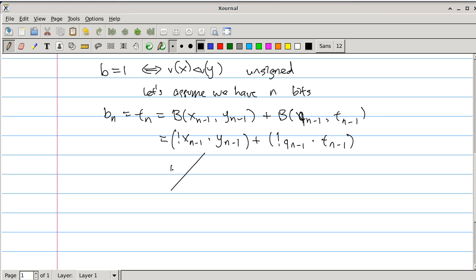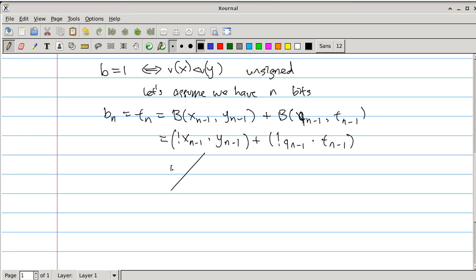If this expression is a 1, what is it telling me about x subscript n minus 1? What is it telling me about y subscript n minus 1? Or can I just say that if this conjunction is a 1, there's no way I can actually tell what is x n minus 1 or y n minus 1? Or is this sufficient to tell me exactly what those bits are? What do you think?